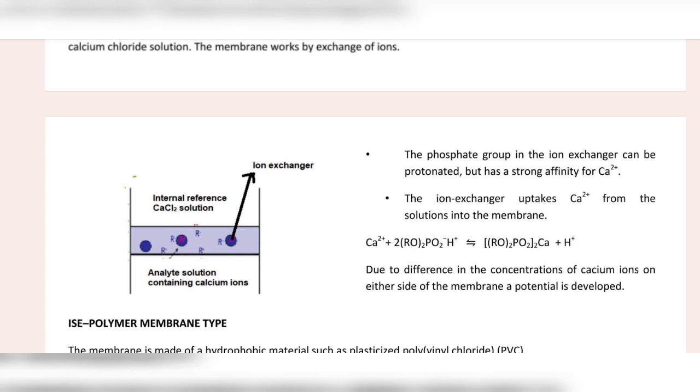This H+ ion is weakly attached, so it can be exchanged with the Ca2+. When Ca2+ reacts with this cation exchanger, it forms [(RO)2PO2]2Ca plus H+.